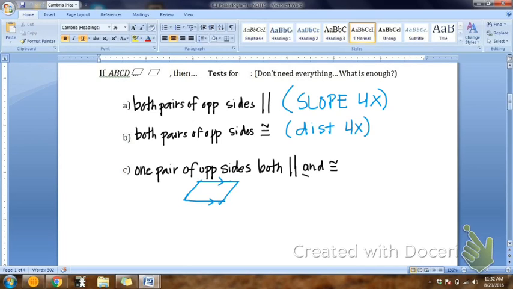The slope. Okay, so that's going to give me the slope 2 times. But if I also want to see if this side is congruent to this side, what formula do I need to use? The distance, how many times? Twice.